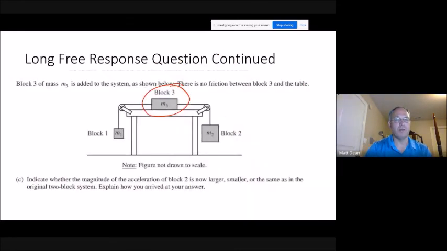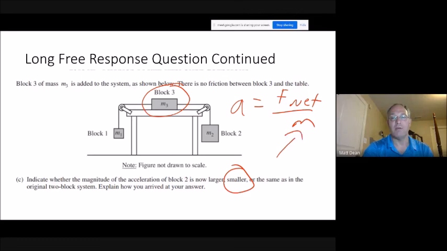So the magnitude of the acceleration of block 2, and of the whole system, gets smaller because the same net force now acts on more mass. Since a equals F net over M, if mass goes up and net force stays the same, then acceleration becomes smaller.